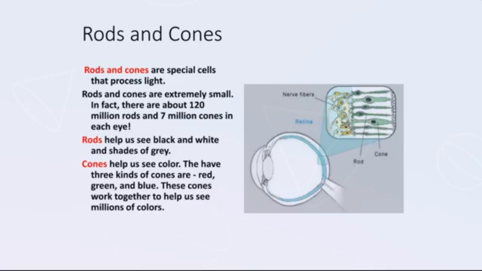We have rods, which are not very specialized. They transform energy, but they can only tell us about black and white, and maybe some shades of gray. But for us to be able to see colors, we need the cones, and the cones are able to process different colors.